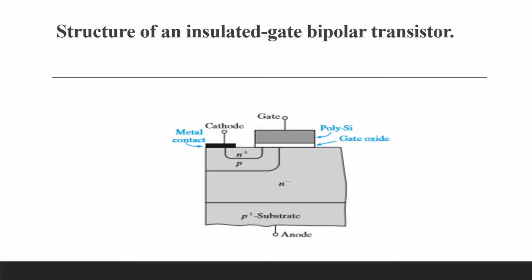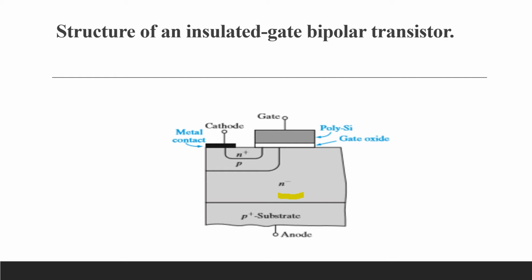So the main part of the insulated gate bipolar transistor is this lightly doped N region. This lightly doped N region acts as the drain of the DMOS device.